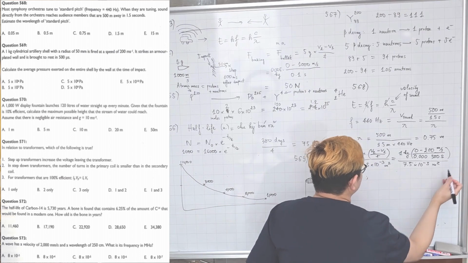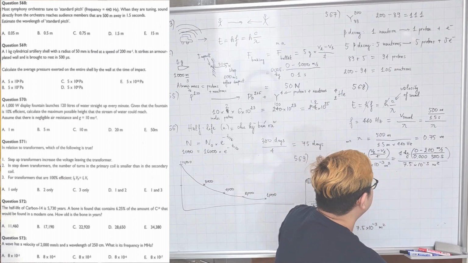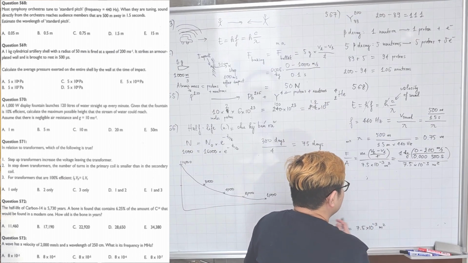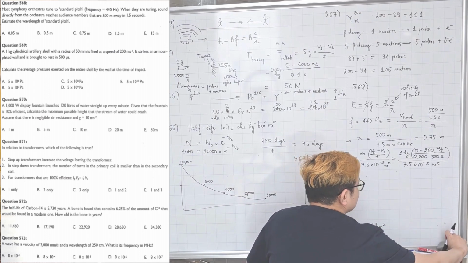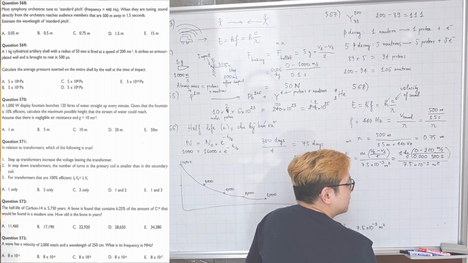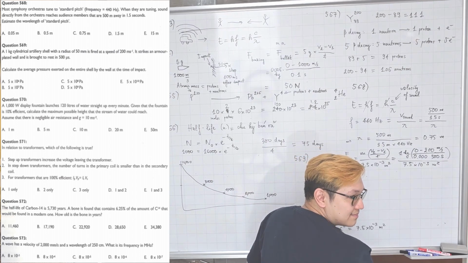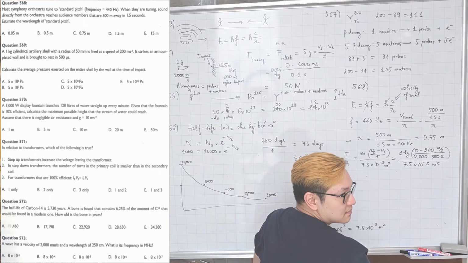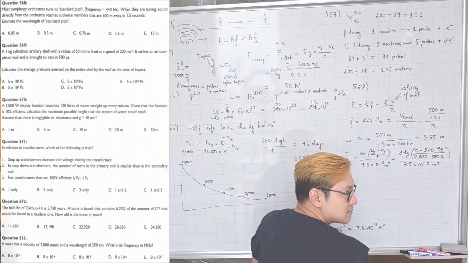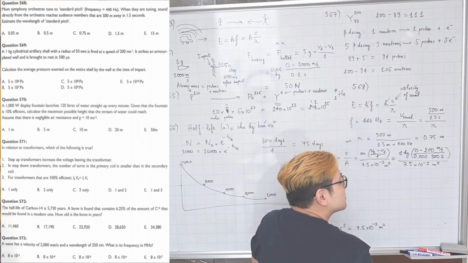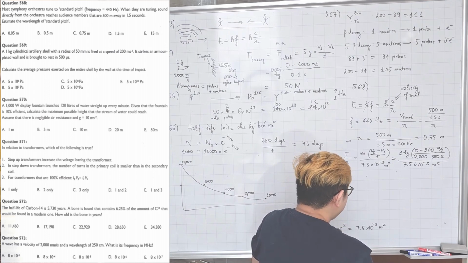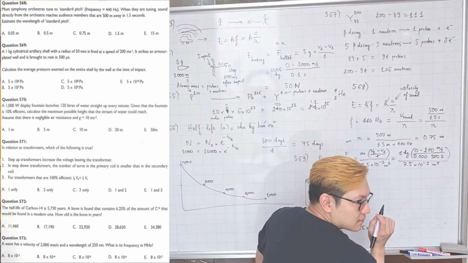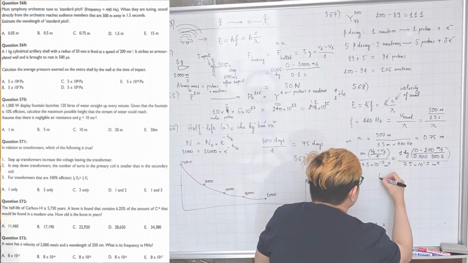Everyone makes mistakes, of course. Can you calculate this one again? Yeah, 10 to the power of 5 something.